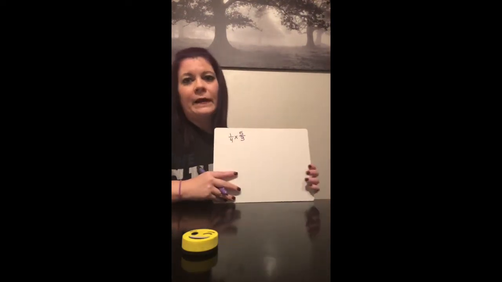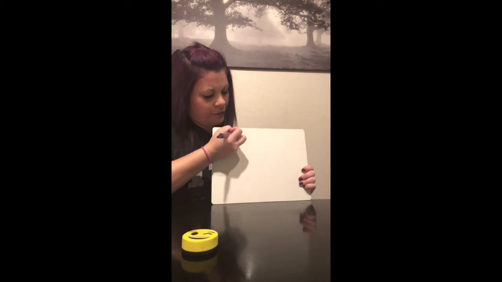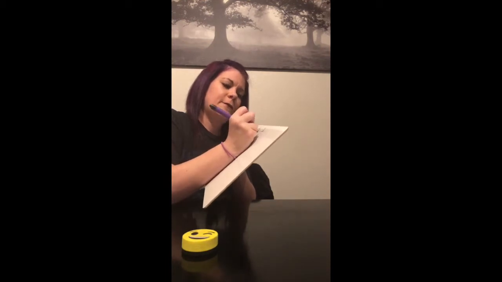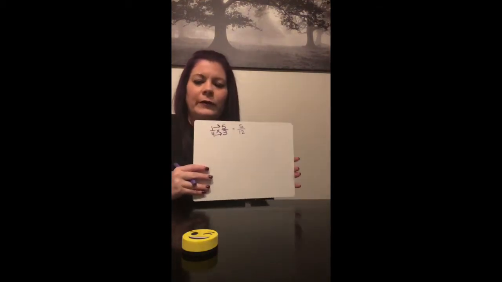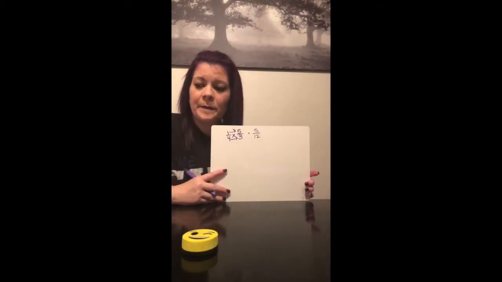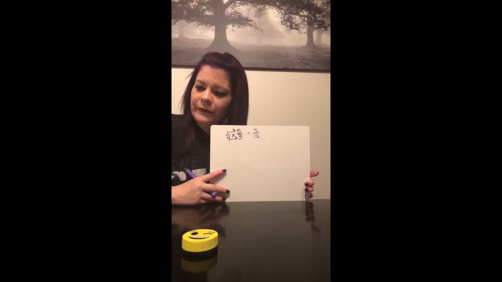One more for you. 1/4 times 5/3. Again, you just multiply straight across. 1 times 5, 4 times 3. 1 times 5 is 5, and 4 times 3 is 12. So you get 5/12 for your answer. Okay, very good. So that's multiplying.